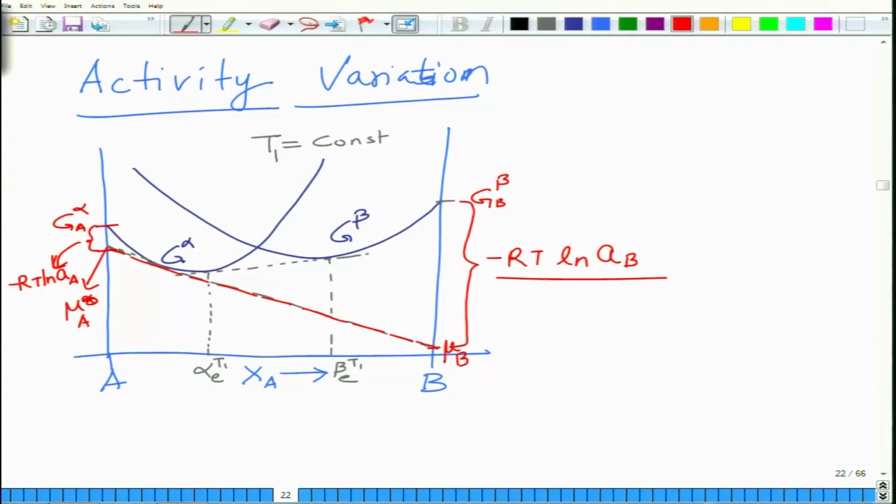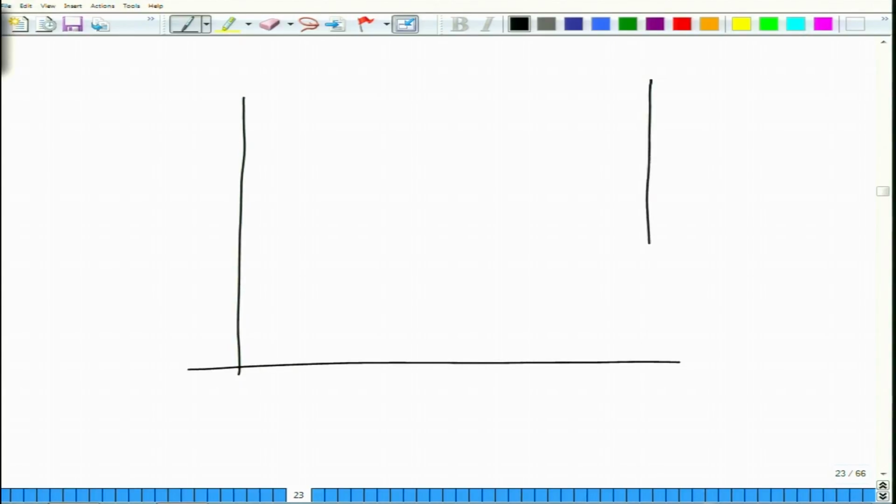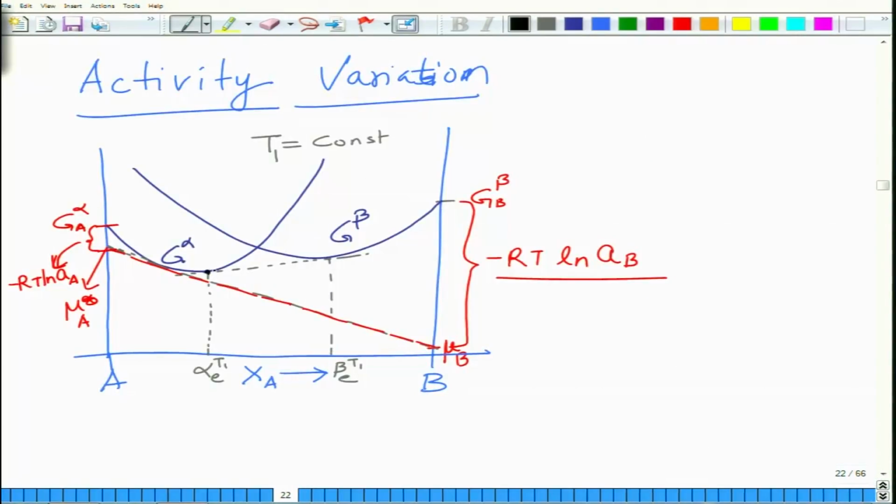Now, if you draw the activity profile, corresponding to these two figures, this is alpha E, this is alpha beta.